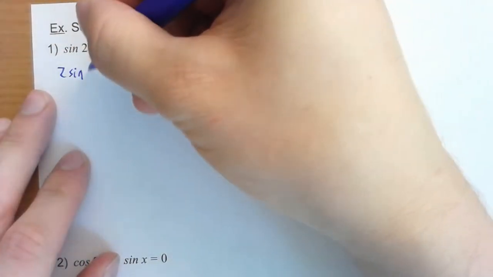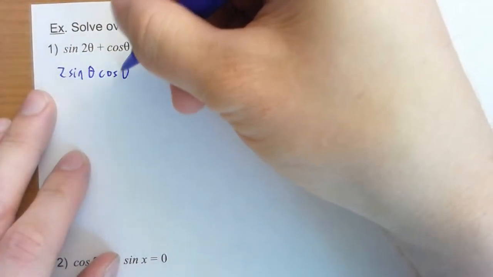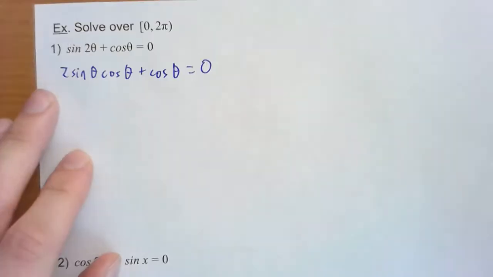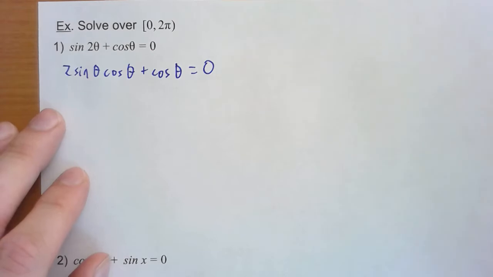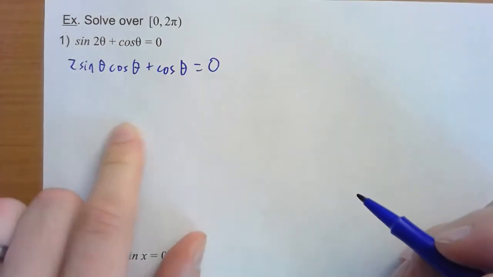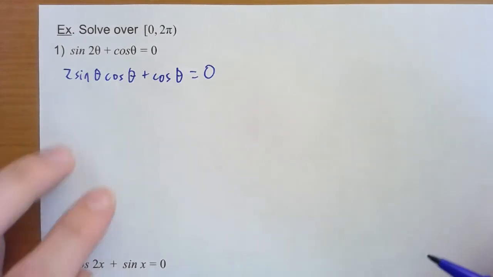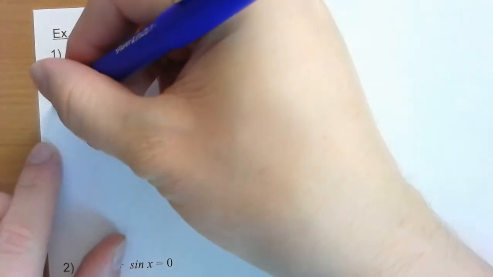So we replace this with 2 sine theta cosine theta plus cosine theta equals 0. And then from there, we just solve it. We've got equal to 0, and factoring is our most powerful equation solving tool. So we can factor out this cosine theta.